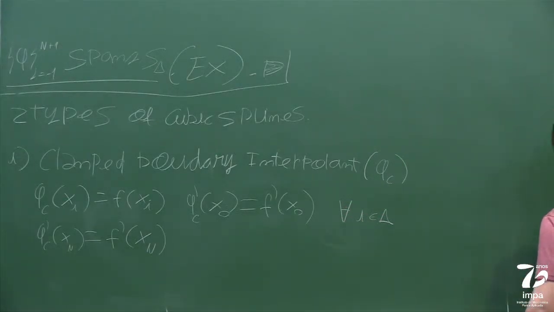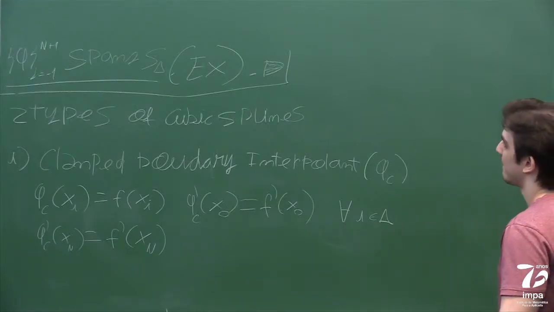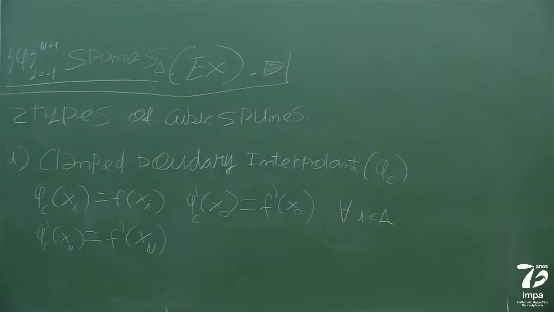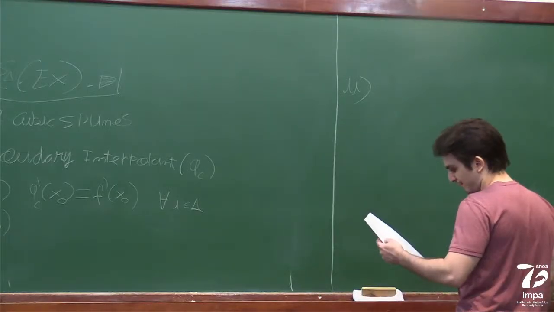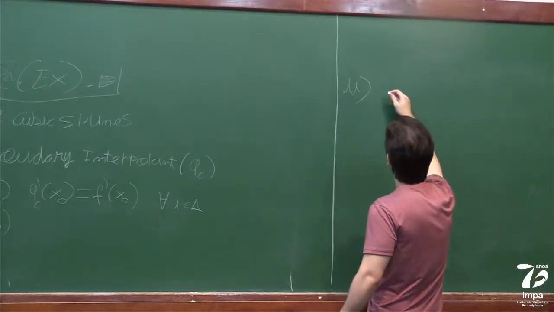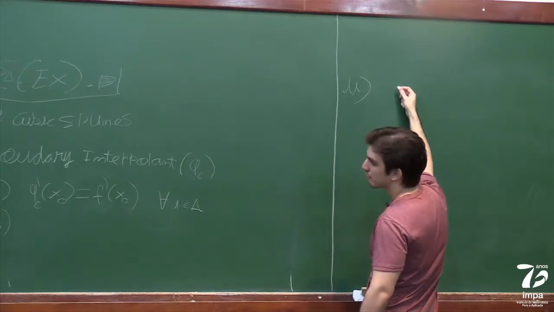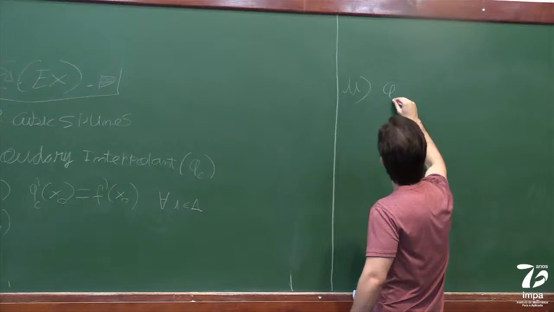The other type is what we call the natural interpolant. Two types of cubic splines: the clamped spline, okay, and the second type, we interpolate by doing the following. We still have to match the values.